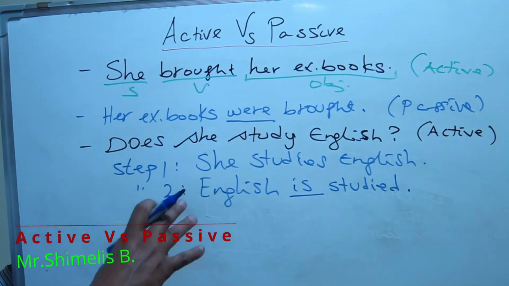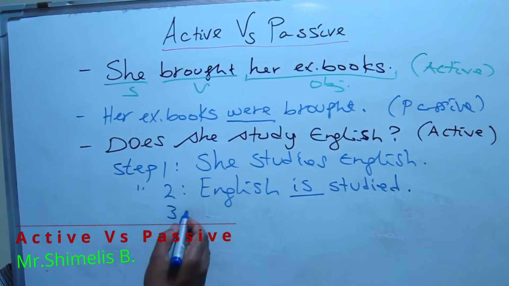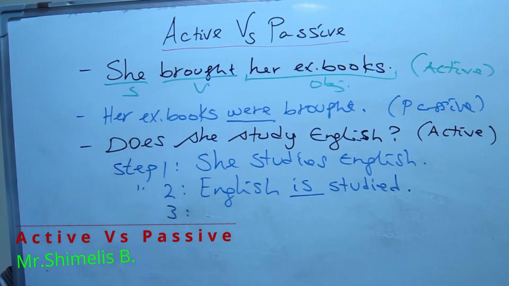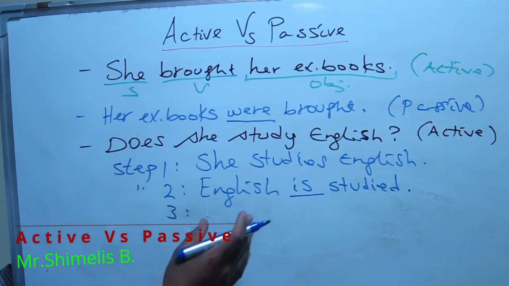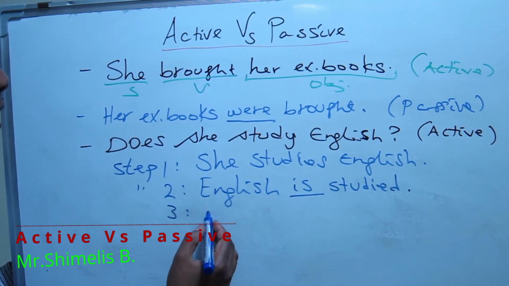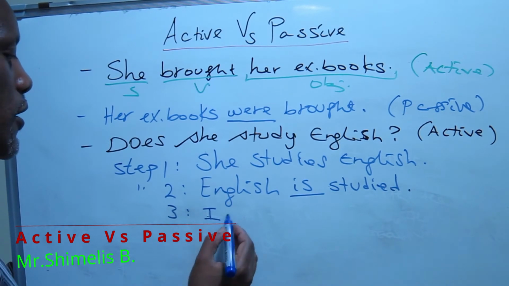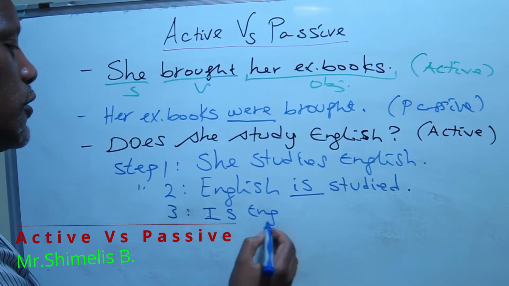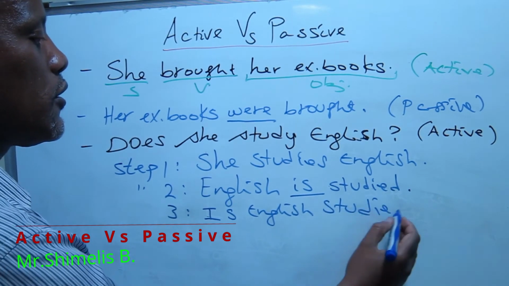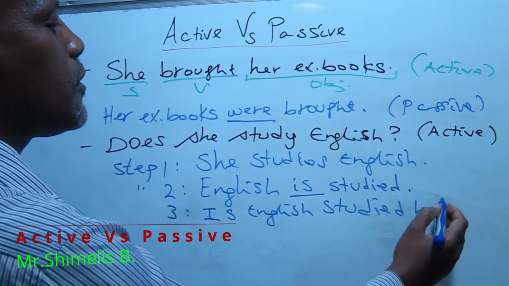Now, step 3 must be the passive form for the original given active interrogative sentence. So we change this back to question. Okay. Now, when you turn this back to question, it becomes: is English studied by her?